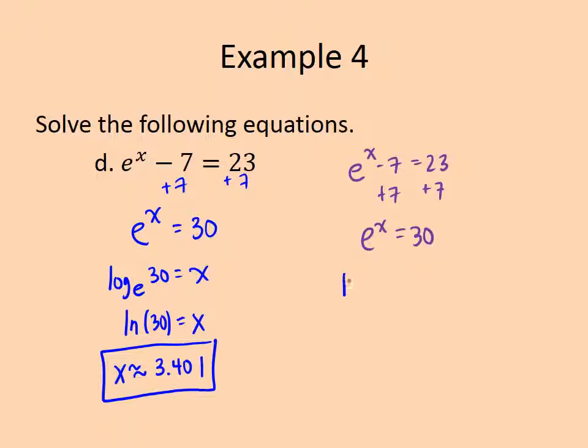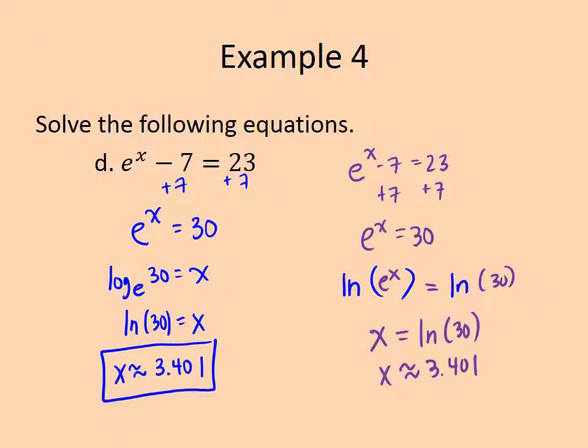So we have the natural log of e to the x equals the natural log of 30. Now remember, the natural log of e to the x is just x because the bases match and we use the inverse property. So x equals the natural log of 30. So x is approximately equal to 3.401.